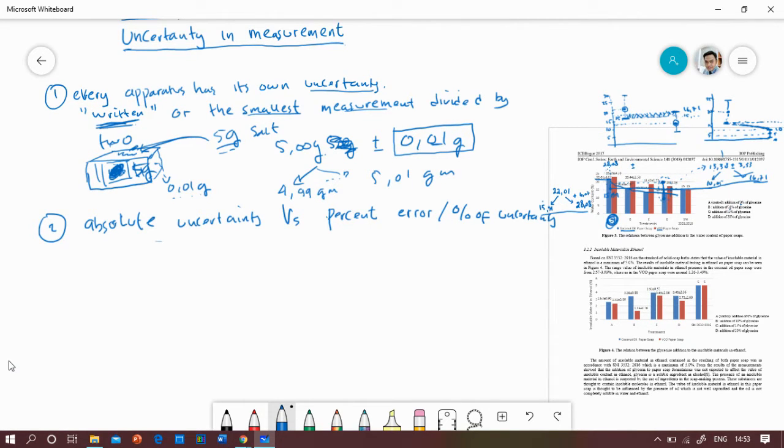So when you have 5.00 gram plus minus 0.01 gram, this is what we call the absolute uncertainty. It always refers to the actual number of the uncertainty. But the percentage is of course the percentage of the uncertainty itself.